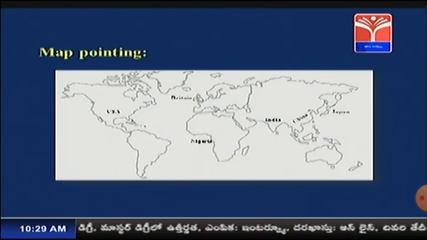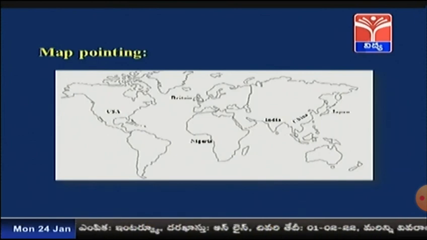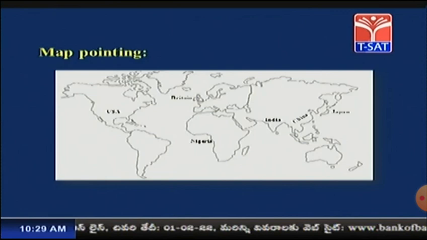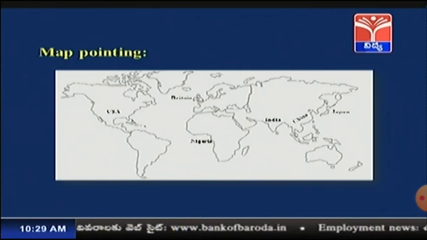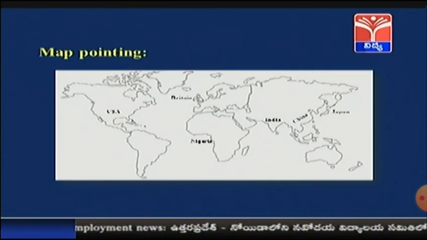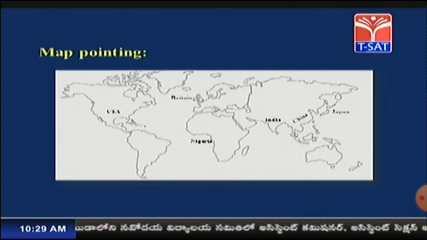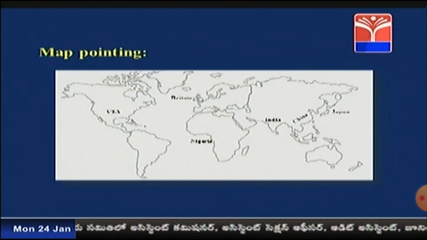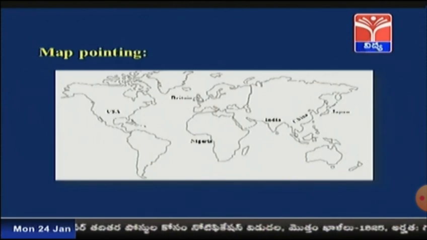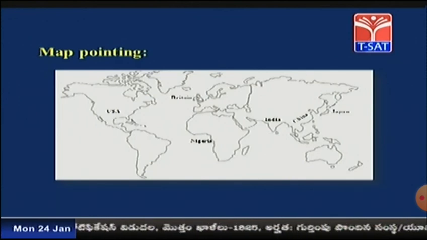These countries were under the colonial rule of Britain. While learning about Nigeria, we studied the slave trade. Most of the slaves from African countries were transported to the USA, America. So here is the USA. These are the important places relating to this chapter, which are important for examination.